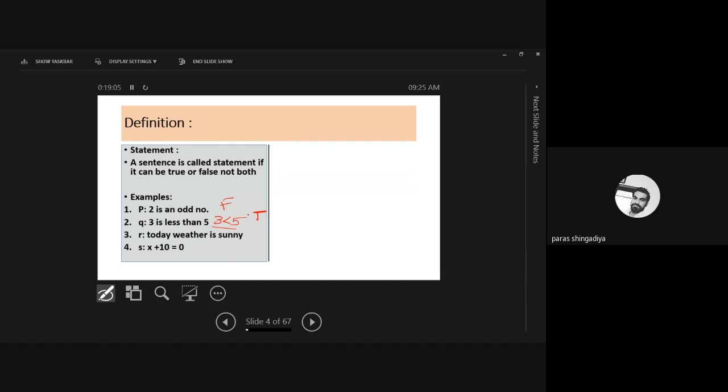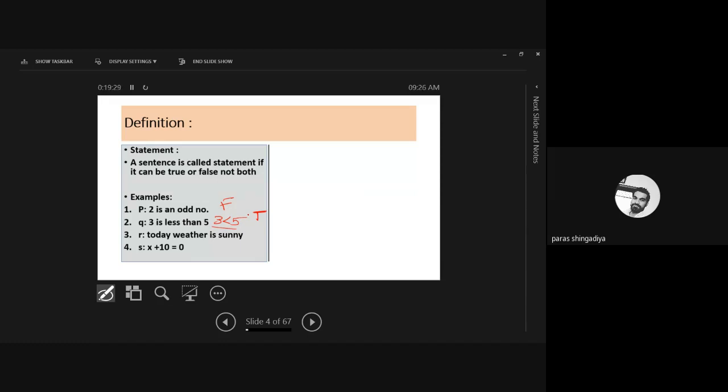Then the third one: today weather is sunny. You can also mention the time, like today between 3 to 5 the weather is sunny, or between 9 to 12 the weather is sunny. If it is sunny, then you can write true. If it is not sunny, then you can write false.